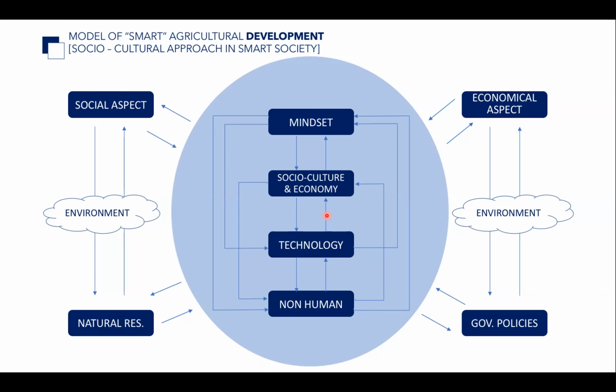And then the second layer is the socioculture and economic condition. We cannot push smart agriculture development without any consideration of the social culture aspect or the economic aspect. The third is technology.